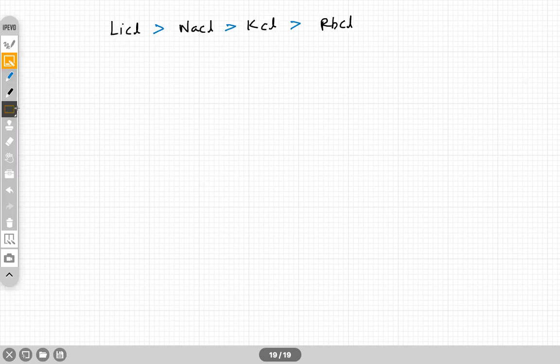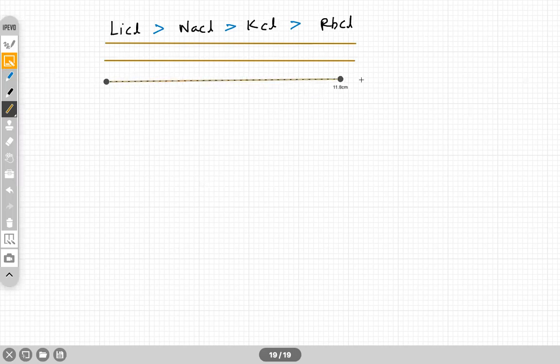So left to right if you go like this, then ionic character increases.